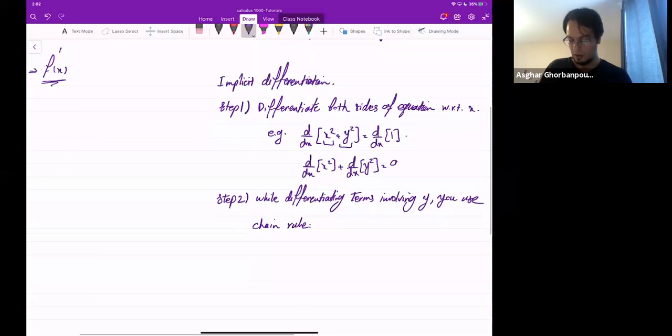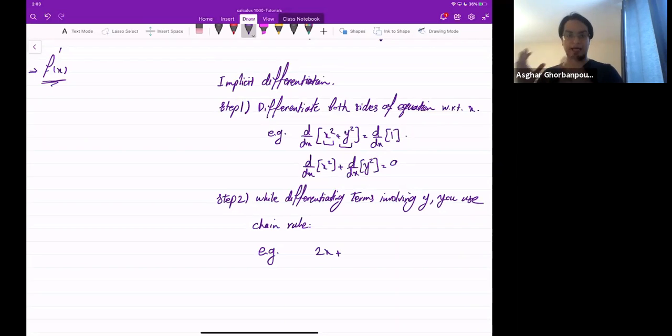Meaning what? Okay, so back to our example, d/dx of x squared is just 2x. But when you have the derivative of y squared with respect to x, it's not x squared differentiated with respect to x, or y squared differentiated with respect to y.